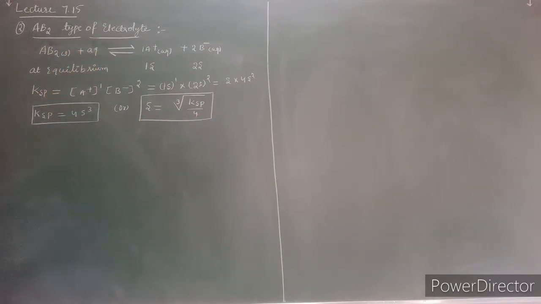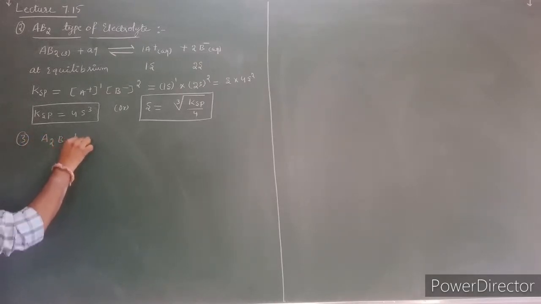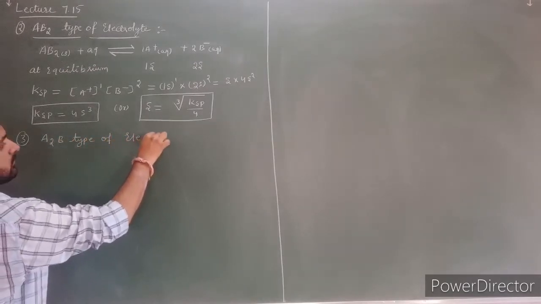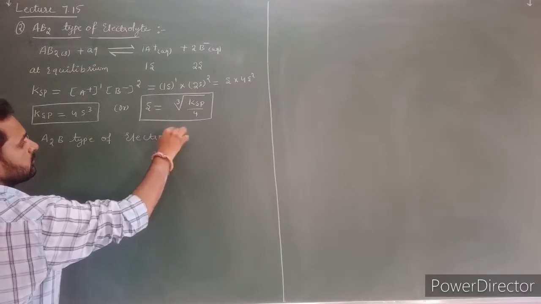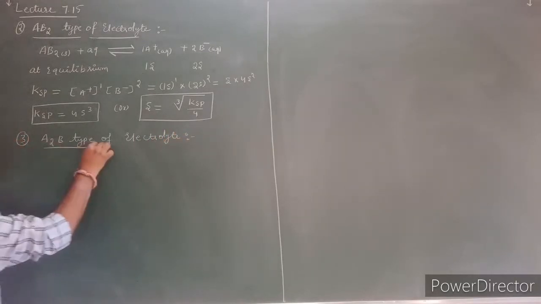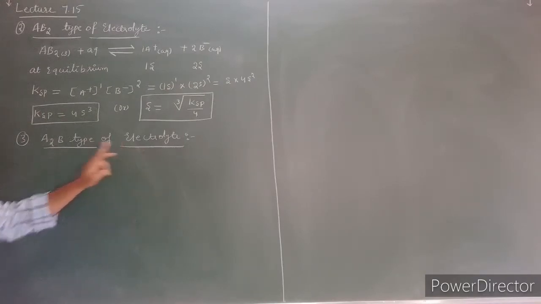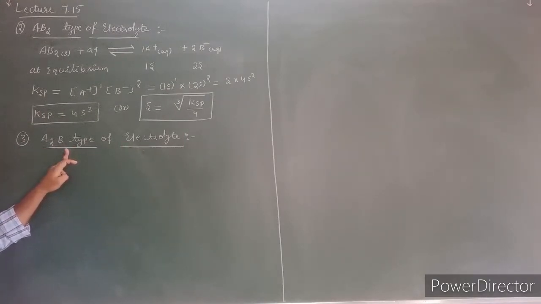Next, let us derive the relation between solubility product and solubility for A2B type of electrolyte. The third one, A2B type of electrolyte. In A2B type of electrolyte, the ratio is 2:1. For 2 A atoms, there is 1 B atom.